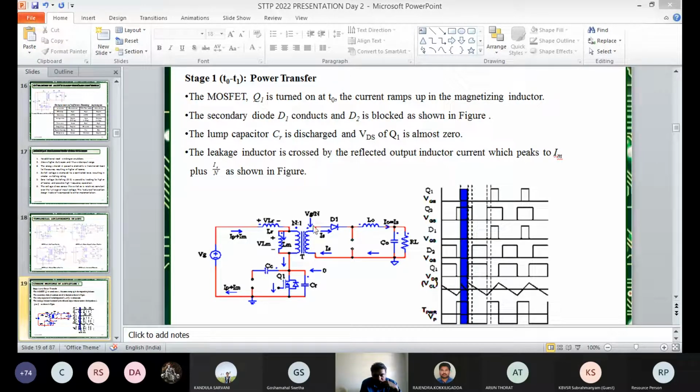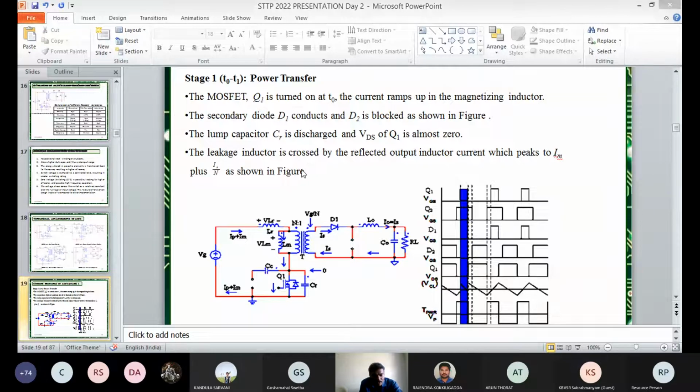Then similarly we know the basic buck operation. L0 and C0 are charging during this period, and the same source delivers power to the load. This highlighted part is the period of the power transfer mode.